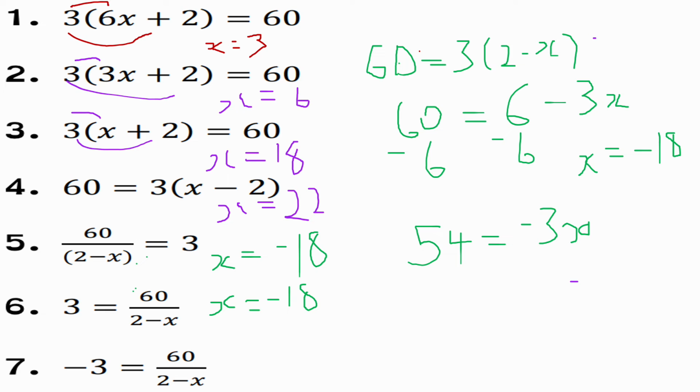So 5 and 6 are actually the exact same equation, but it's just been written in a different order. This one's slightly different because I've got a minus 3 here.